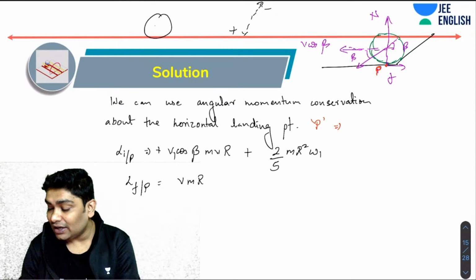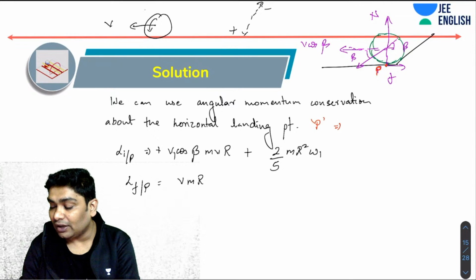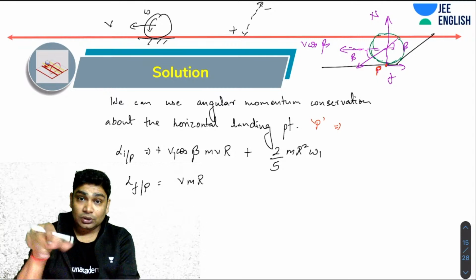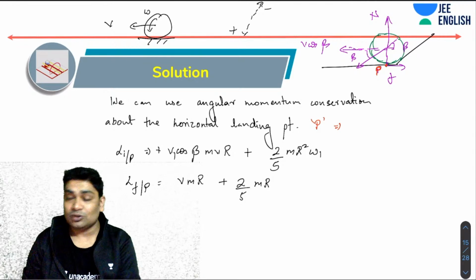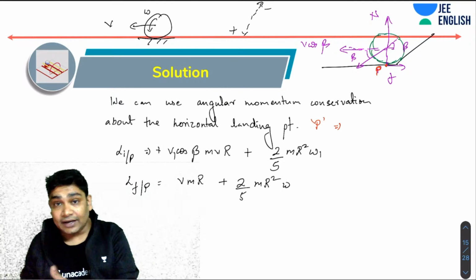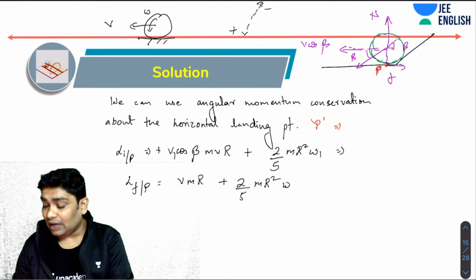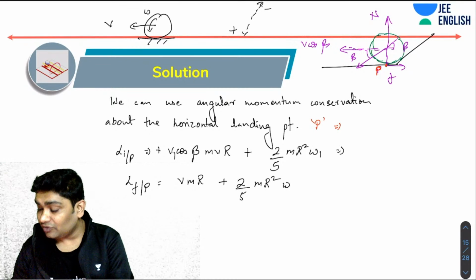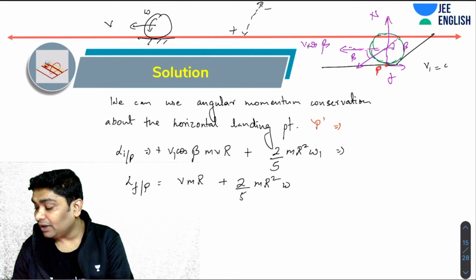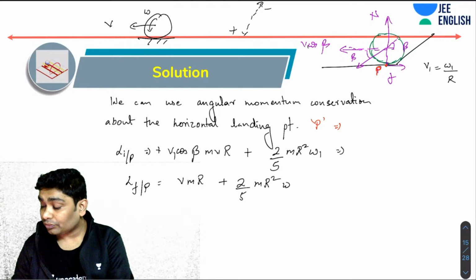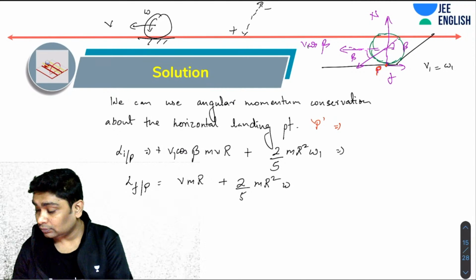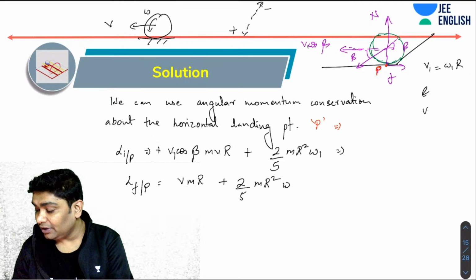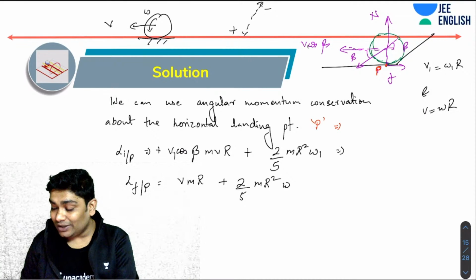Finally, imagine this guy is moving with V and rotating with some omega in pure rolling. Due to the translation of the CM, I will have angular momentum MVR plus 2 by 5 MR square omega also, right? And because initially and finally both pure rolling was happening, V1 would be omega 1 times R, and V will be equal to omega times R. All I need to do is substitute those values.